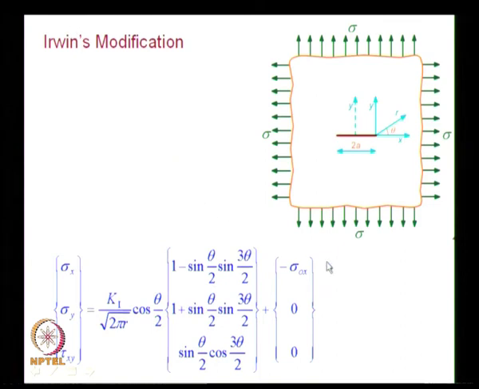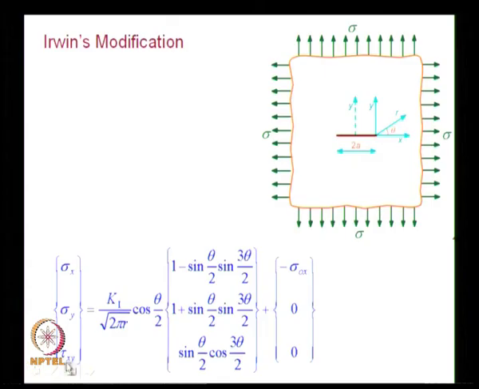Irwin introduced a term minus sigma naught x, and what we find in the literature, people initially reported when you say sigma naught is equal to sigma, when you put this at infinity, this goes to 0. So, this could be used for uniaxial loading situation. That interpretation is strictly not correct, because if you say r equal to infinity in this solution, there is no stress in the y direction.